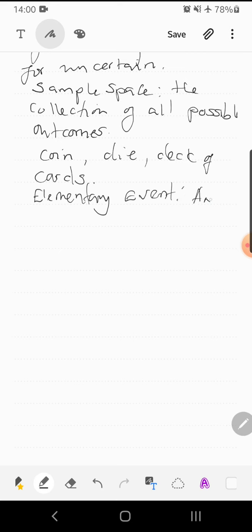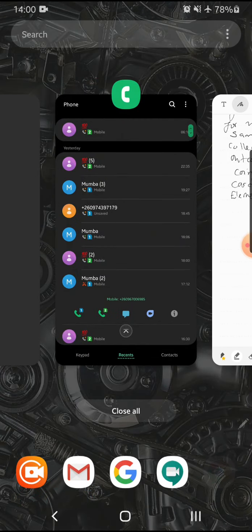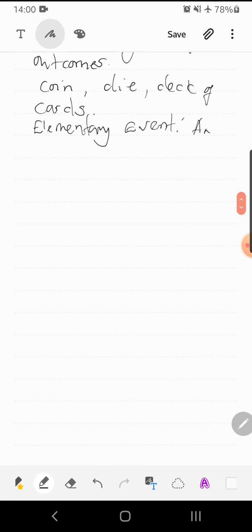This is just an outcome from a sample space with one characteristic.